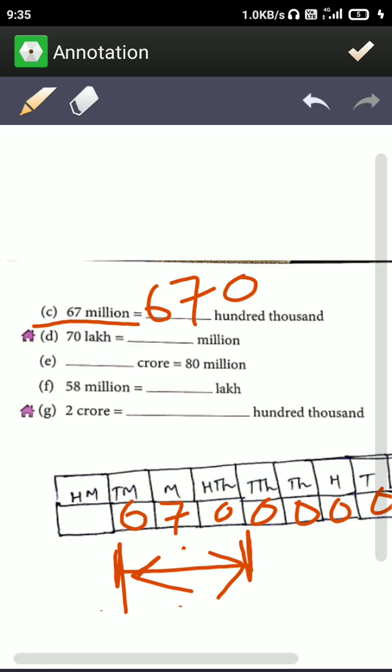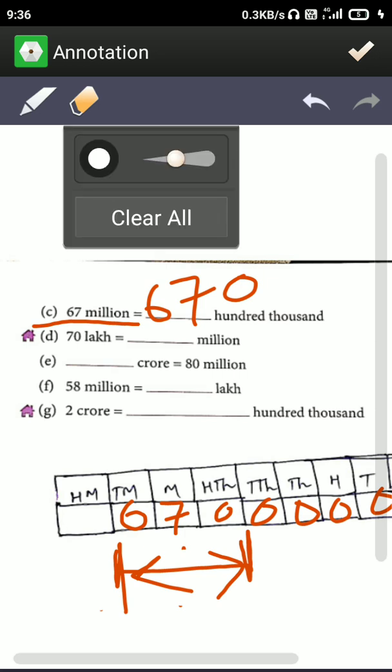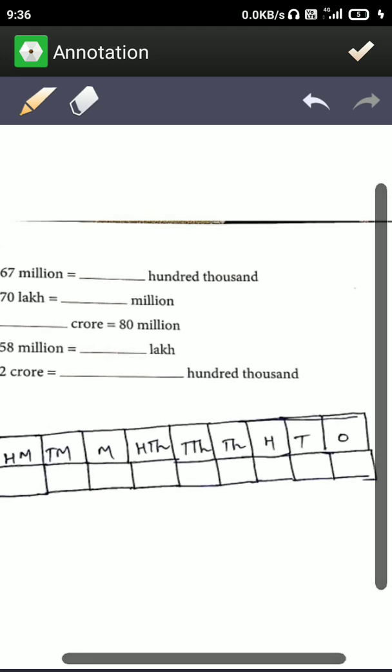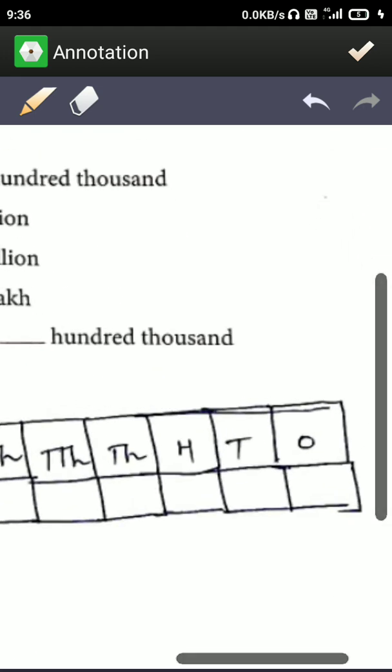The next question is 70 lakh is equal to how many million? It is in lakh, it is in the Indian system of numeration. What is the place value chart for the Indian system of numeration?